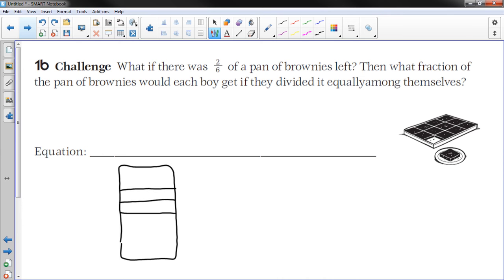So new pictures needed. And 2/6 was left. And we're still going to divide it by 4 kids.